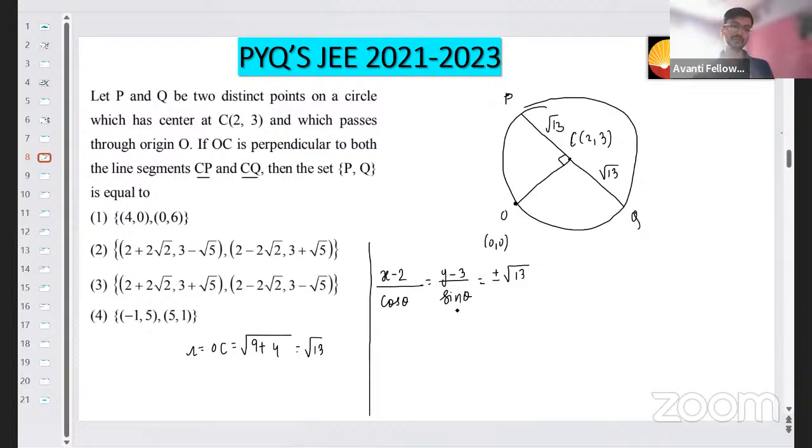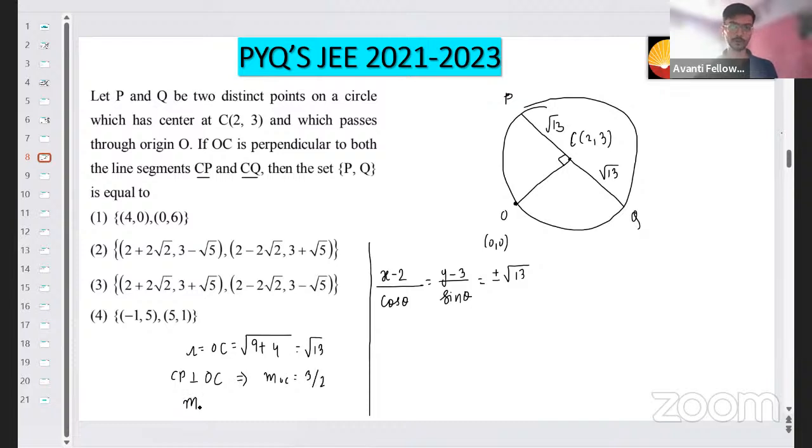Now we wish to get cos theta and sin theta. What is theta? Theta is the inclination. So that means we have to find the slope of CP. As you can see, CP is perpendicular to OC. And I hope you know, if two lines are perpendicular, then the product of their slopes is -1. And we know that the slope of OC is 3/2.